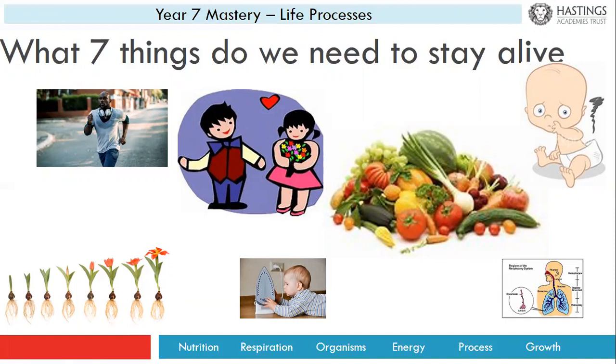So the top left man, what do you think that picture represents? You might think of the word exercise, and these are all things that we do to stay alive. So write down, you can't be wrong at this stage, bounce some ideas about, pause the video and write down a word for each picture. So off you go.